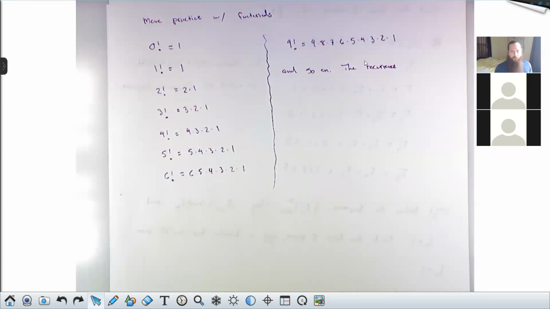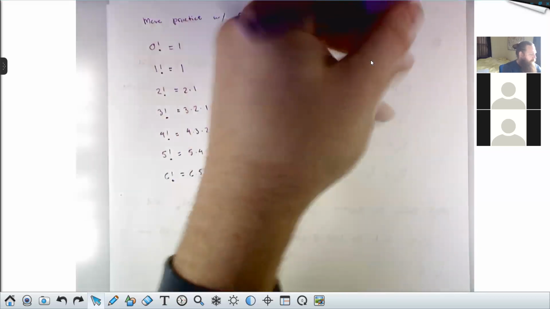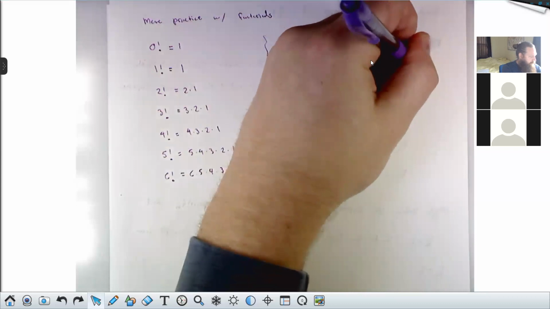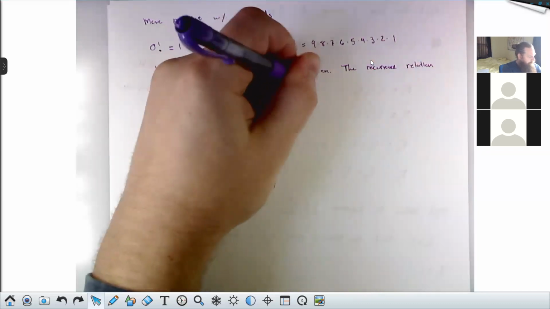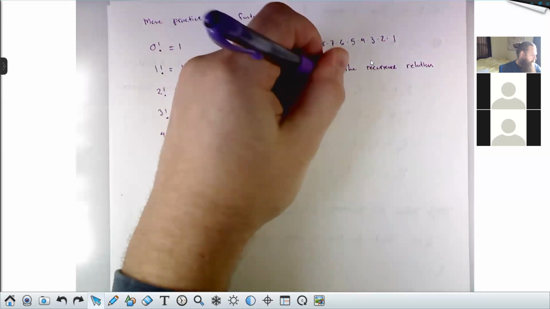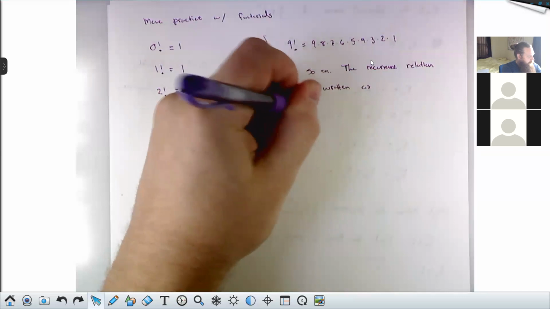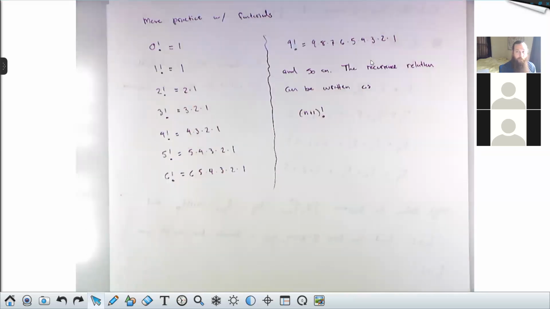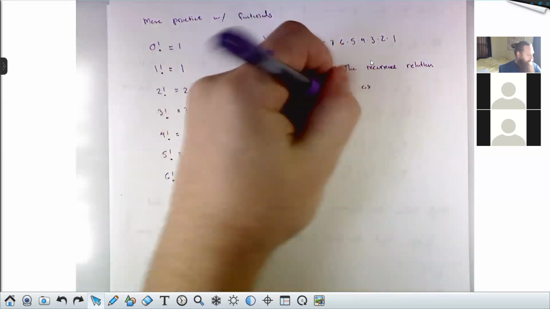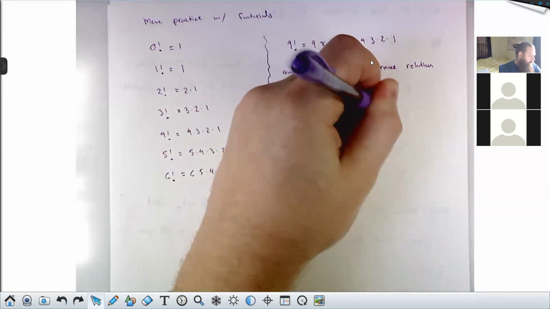The recurrence relation that we wrote down earlier can be written in the exclamation mark notation. n plus 1 factorial, the factorial of n plus 1, is n plus 1 times the factorial of n.